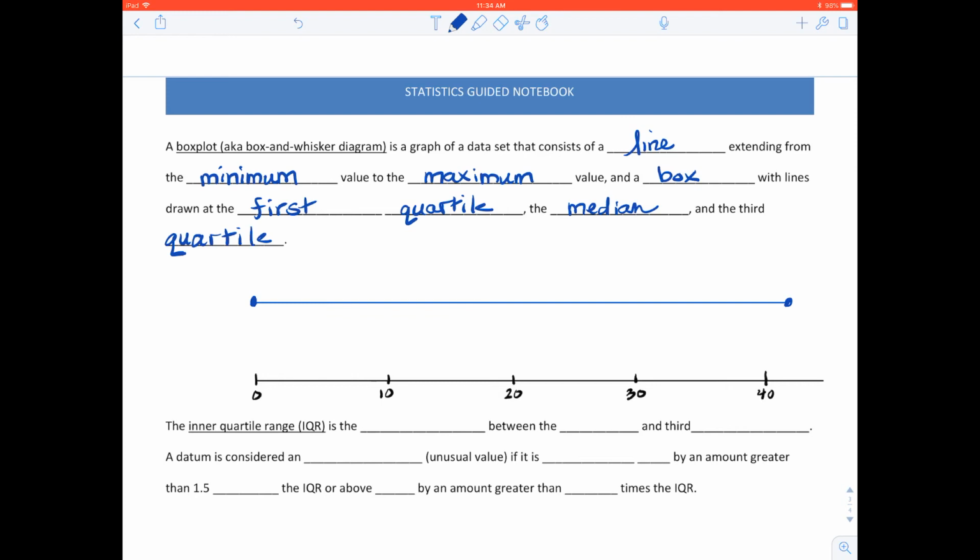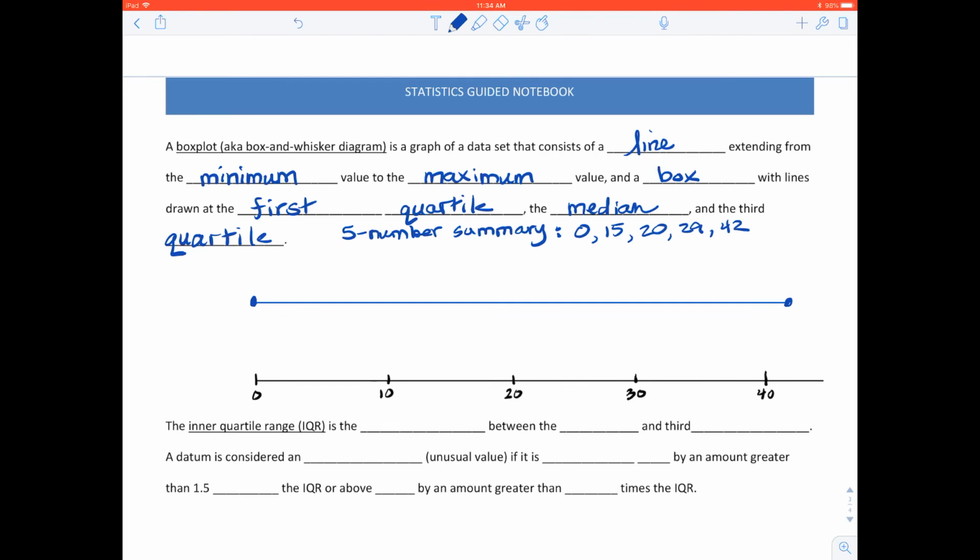And then we had, if you recall, the 5-number summary was what? For this particular data set, we got 0 as the minimum. These are all in dollars. 15 was the first quartile. And then the median we got was 20. And then 29 was the third quartile. And then the maximum is 42.